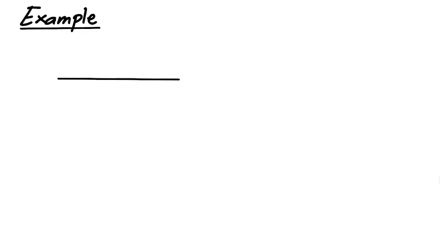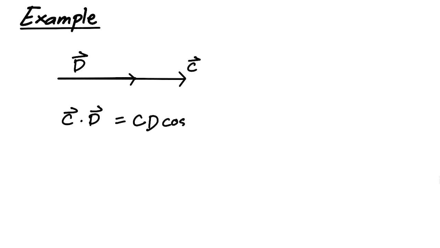So what if you have two vectors that are pointing on the same direction? Ano kayang itsura nung kanilang dot product? Let's say ganun. So you have vector D, tapos you have vector C. Now, we said kanina, the dot product mathematically is equal to, first, magnitude ni C, tapos magnitude ni D, multiply natin, tapos you just multiply cosine of the angle between them.